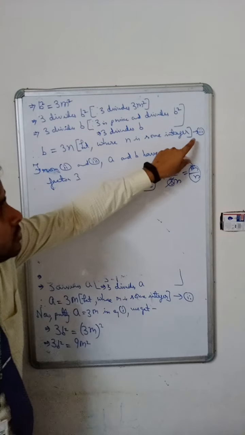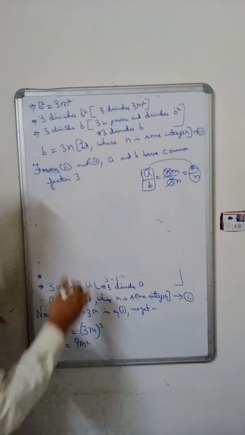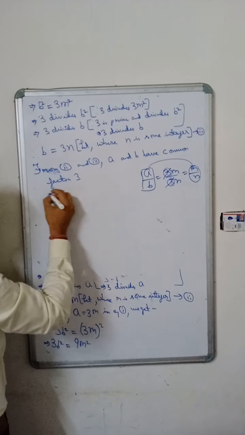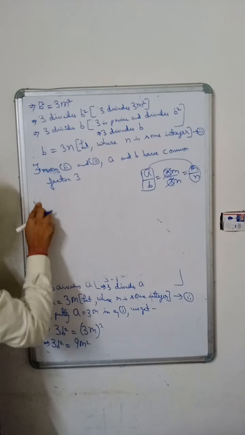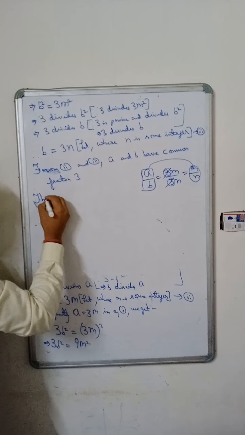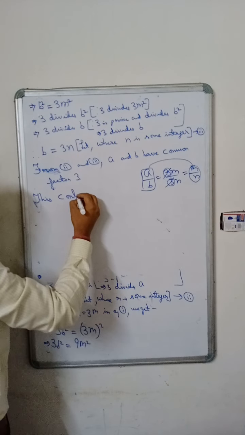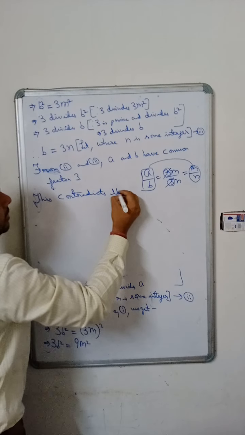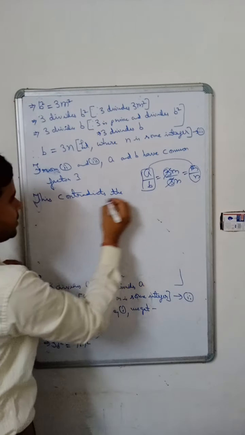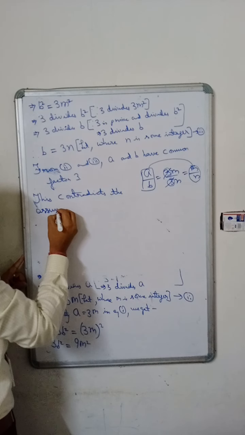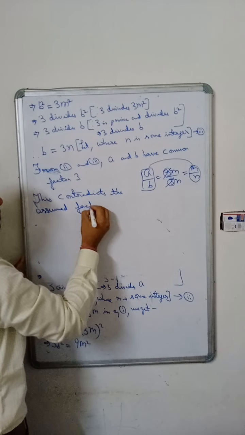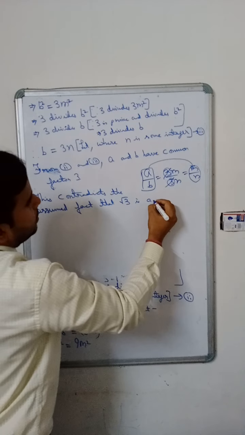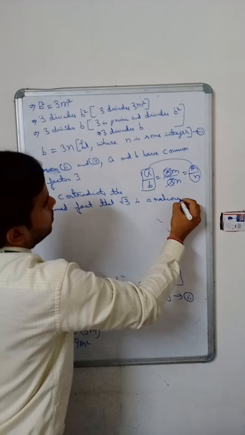We have proved from 3 and 2, so from 2 and 3 we find that a and b have common factor 3. And this contradicts the assumed fact, the assumed fact that root 3 is rational.